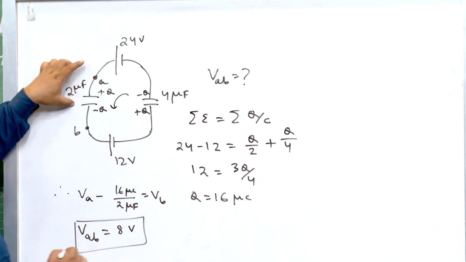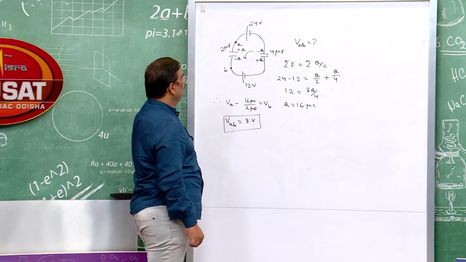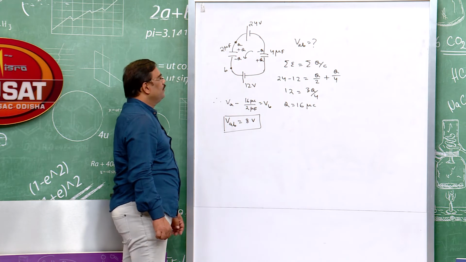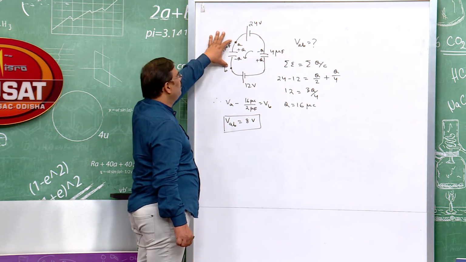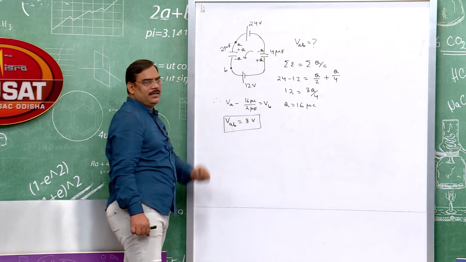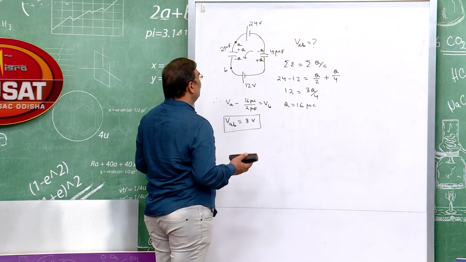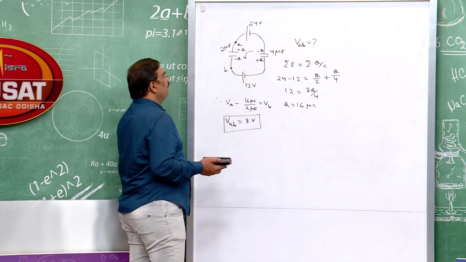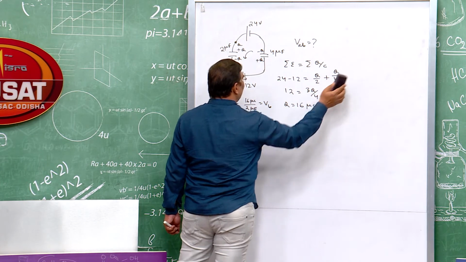So, the potential difference between the points A and B is 8 volt. So, in this way, by using Kirchhoff's law, we can find out the potential difference between any 2 points. Similarly, we can also calculate the effective capacitance between 2 points in a network.